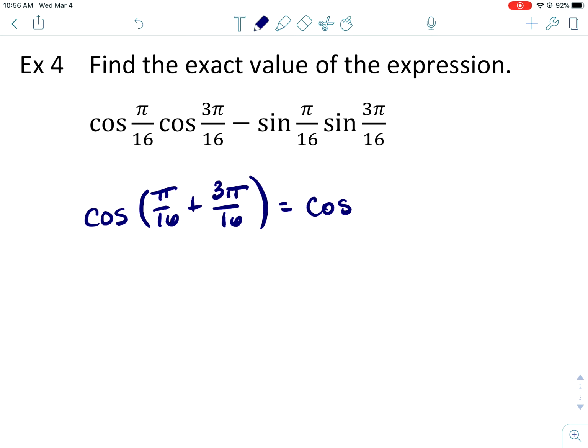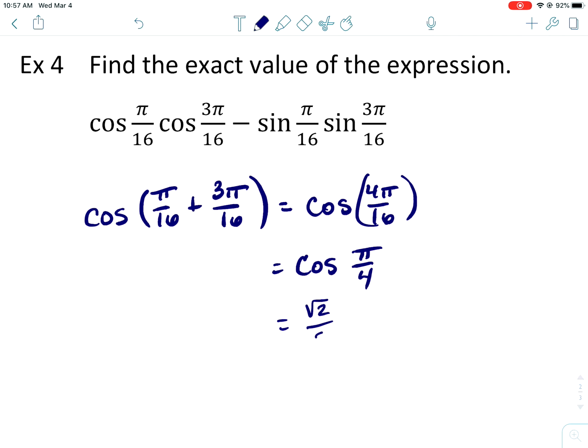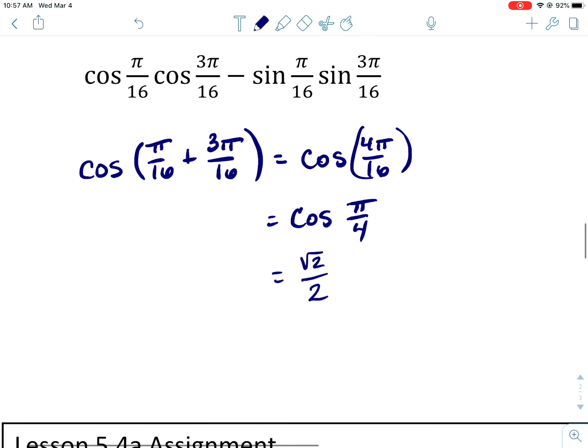We would go ahead and add those together. And I'm showing every little step. So if you add those and reduce it all in one step, that's great. Don't worry. But it's going to reduce down to the cosine of pi over 4, which is a special angle. We can find the cosine by doing the square root of the top fingers over 2.